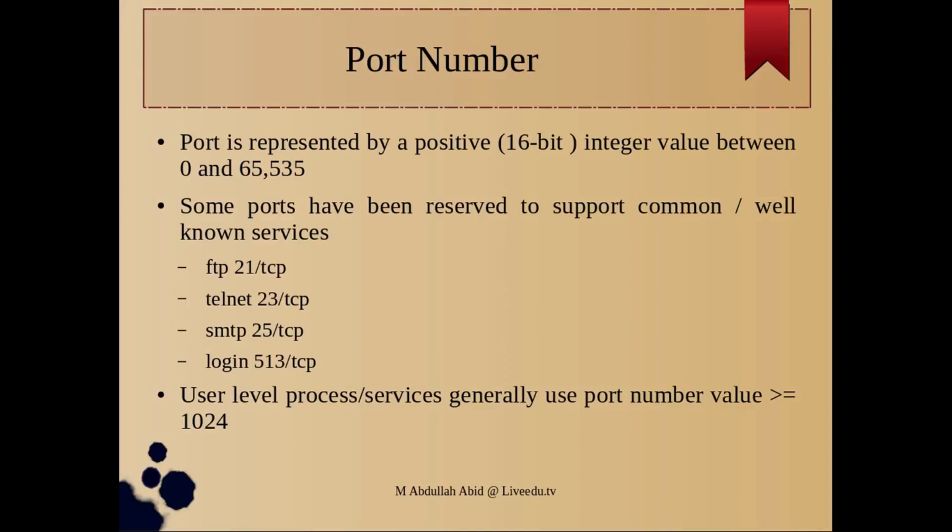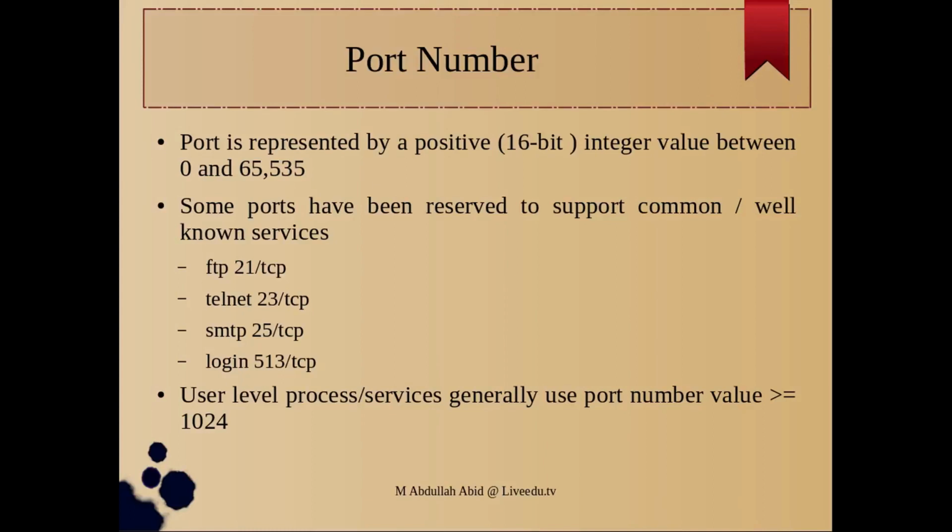As I have discussed, there are a lot of numbers, 65,535, and there are the most used services over the network, like FTP, HTTP, HTTPS, SMTP, SNMP, login, Telnet, and many more. So we have assigned some fixed numbers to some processes, and these are less than or equal to 1024.